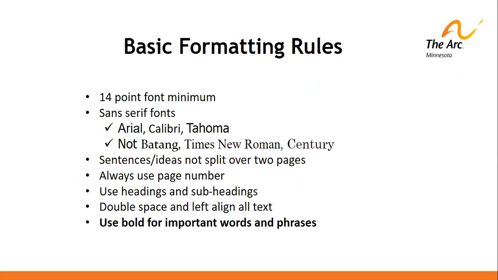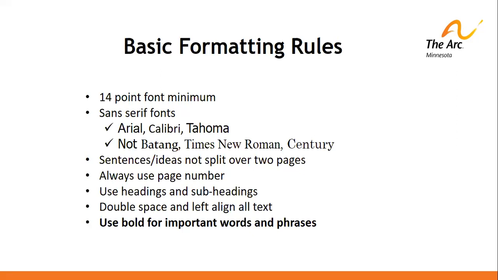Size and font can make a difference to the reader. Use 14-point font for body text, 16-point font for headings. Fonts that work are sans serif, which is plainer and holds up better when scanning and photocopying. Many individuals prefer the Arial font type.